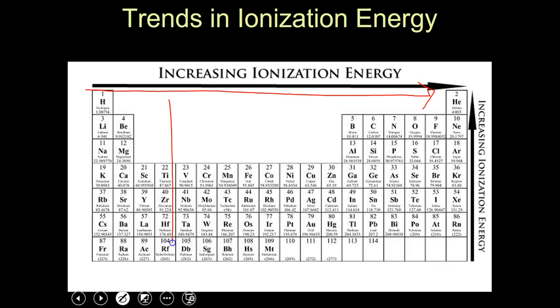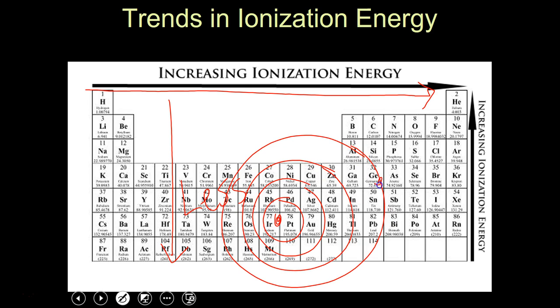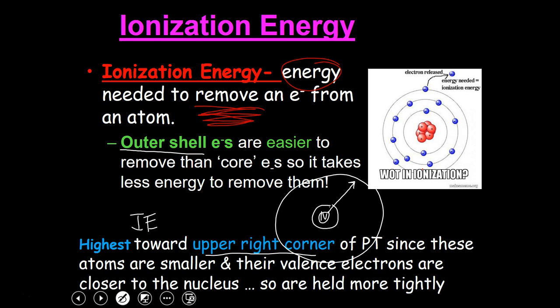As you go down, it's going to take less because that electron is getting farther and farther away from mama nucleus, so it's really easy to snag it and take it away. So again, the farther away it is, the easier it is to grab.